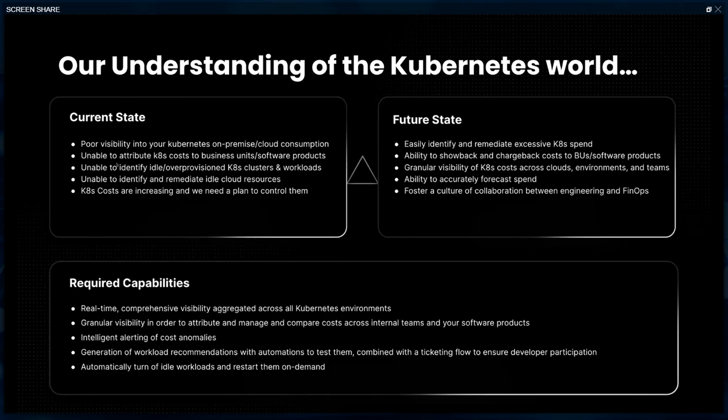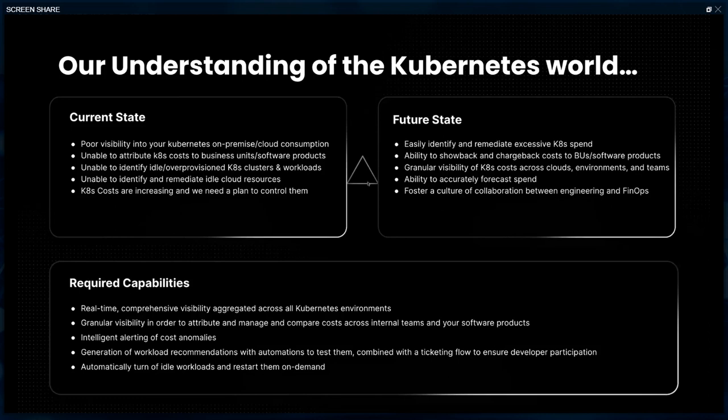Optimization issues, just not being able to understand where you are over-provisioned, where you have idle resources sitting. How to remediate idle cloud resources as well. And then lastly, if your costs are increasing, how are we planning on trying to control them? If we don't have visibility and an understanding of who owns what, how can we understand who we need to approach when we're trying to optimize?